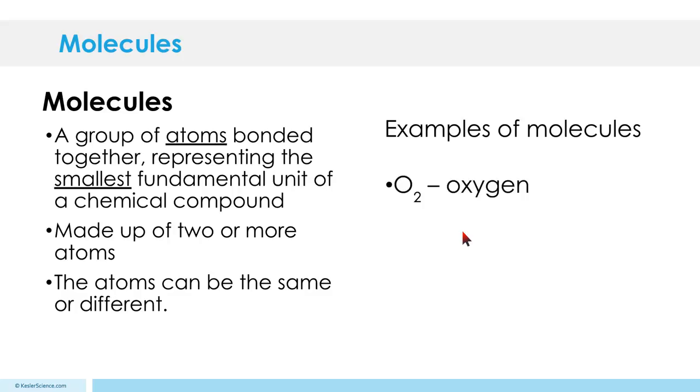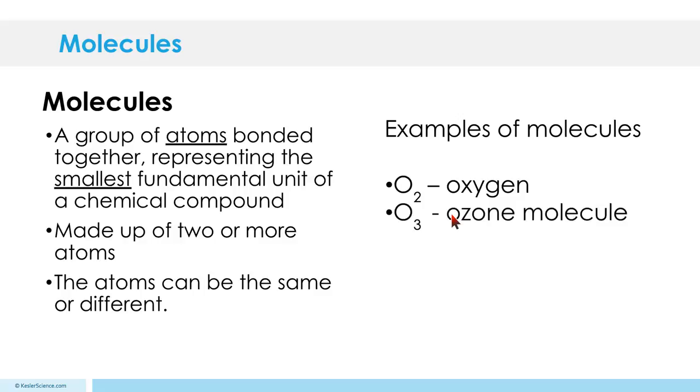O2, it's a very stable molecule. It's two oxygen atoms. And that number 2 that you see right here, we call that a subscript. I'll talk about that in a minute, but it simply tells you in this example that here's O for oxygen, and there are 2 of them in this molecule.